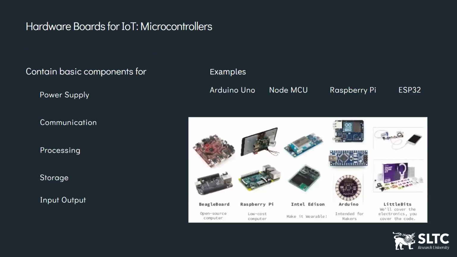And then we have hardware microcontrollers, right, that we can use in IoT systems, right? These hardware boards are used for processing at the edge of the IoT network, right? We can take some sensor measurements, do the processing, and then send it over the communication medium to the local server, right?